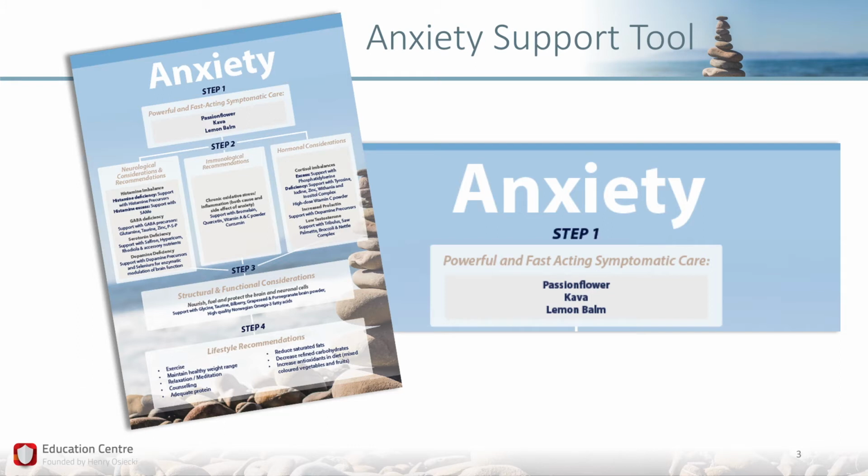Then the middle of step two, the immunological recommendations, is quite an interesting area, and it's really exploding in the research world. It's looking at oxidative stress. Pretty much every mental health condition, including anxiety, has this high level of oxidative stress, and you can't ignore it.